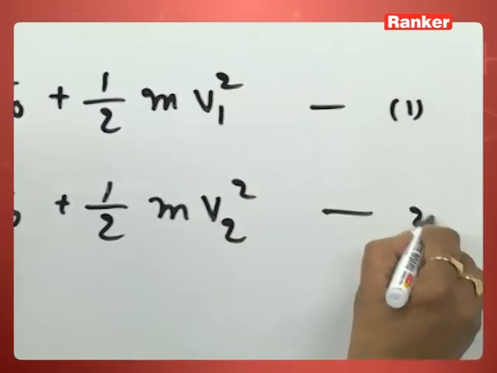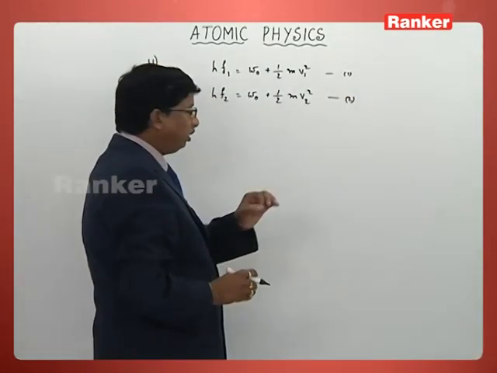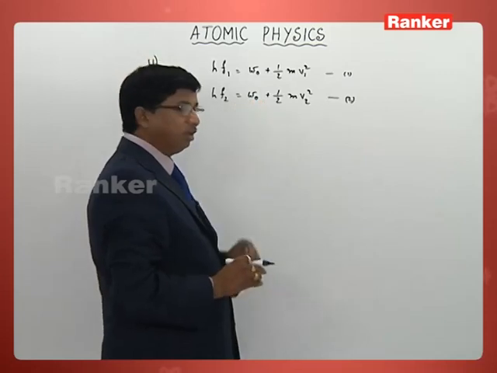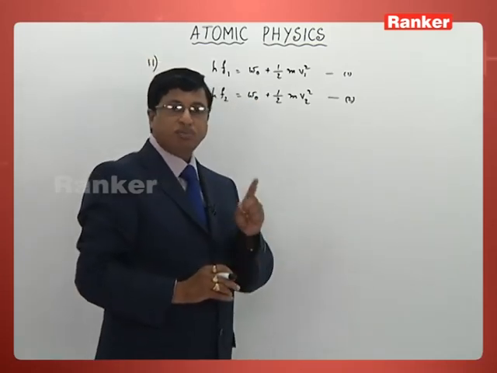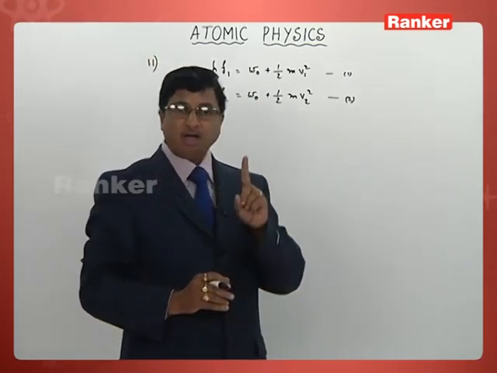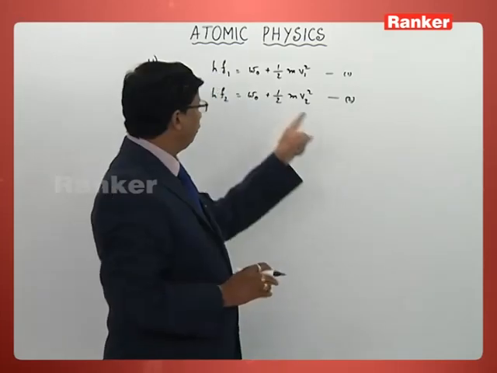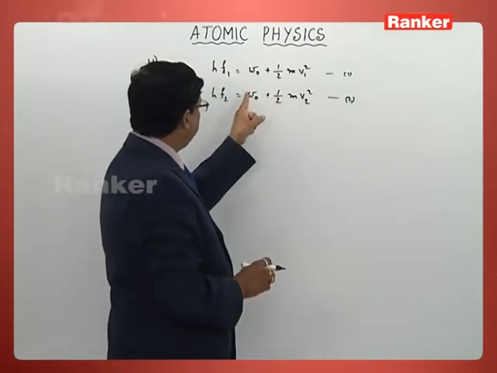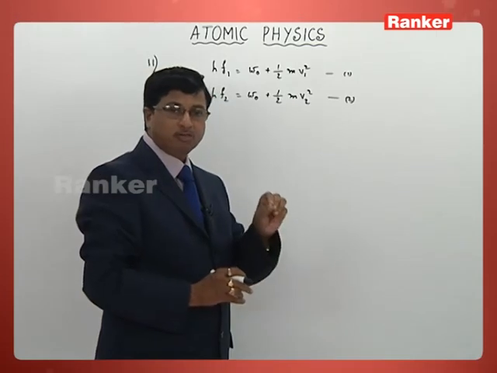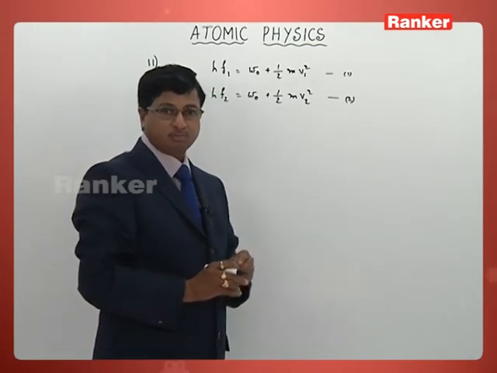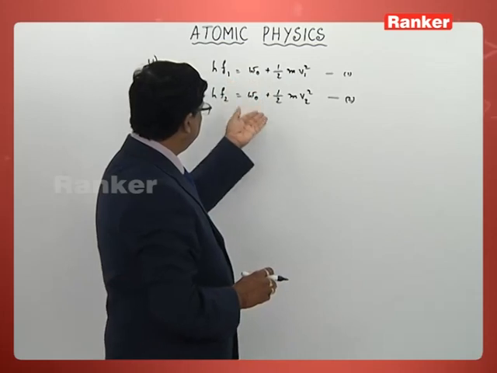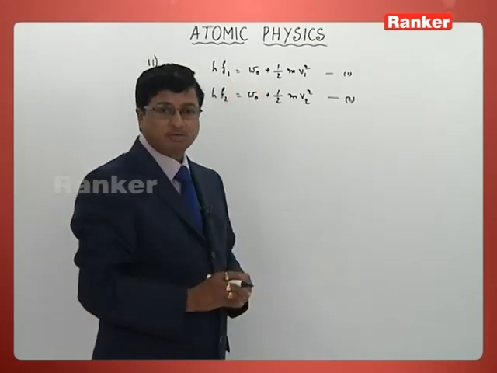This is our second equation. The only thing you should understand while writing these equations is, since both the photocathodes are identical by nature, one should consider that both of them have got the same work function value.